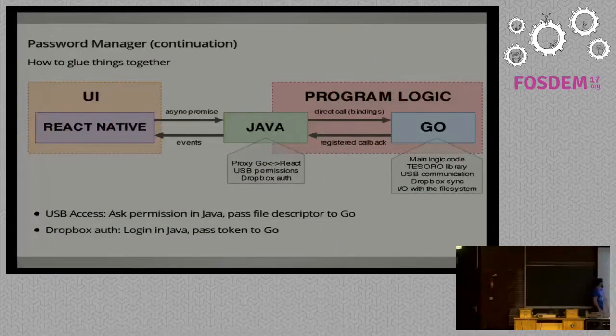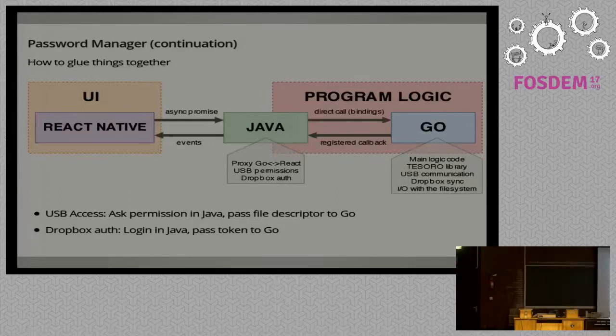All our user interface is React Native. The program logic is shared because the main logic code is in Go, but we need Java for a few things. For example, we use it mostly as a proxy between React and Go.